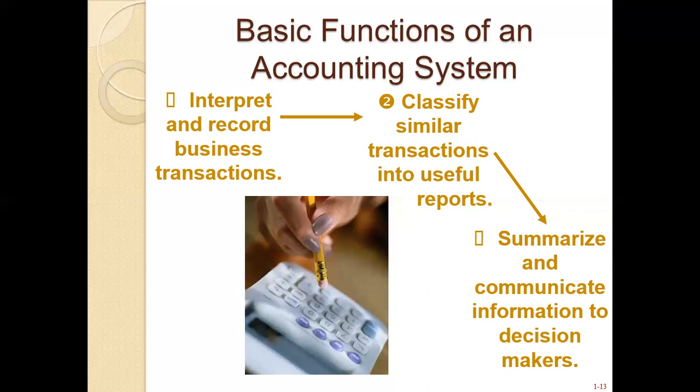Then all these transactions will be classified in the sale ledger account, and this sale ledger account will be totaled, and you can get the result of the total sale of today. It is just one account that I'm talking about, the sale. It doesn't mean only sale transactions happen today.